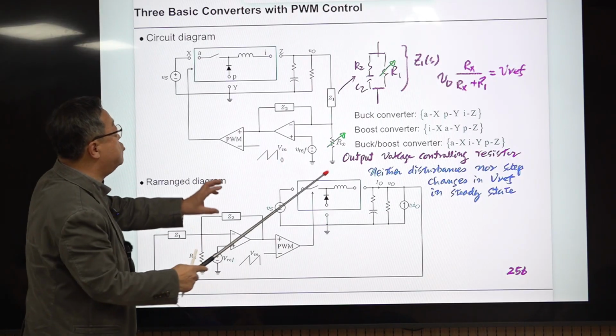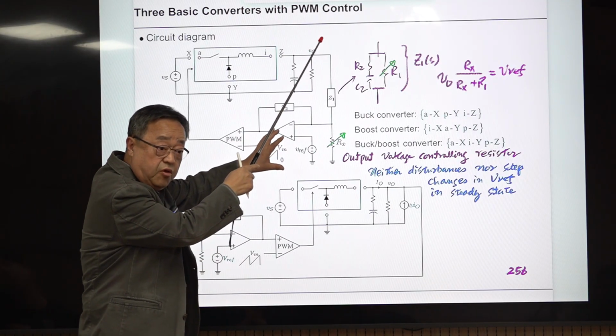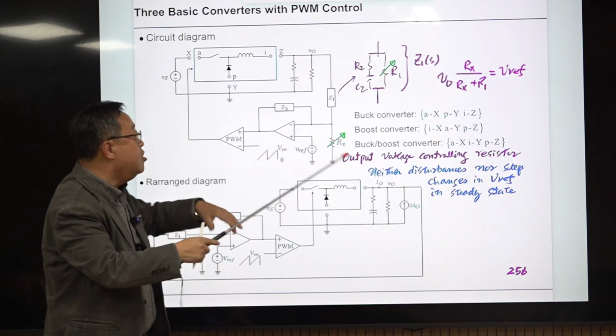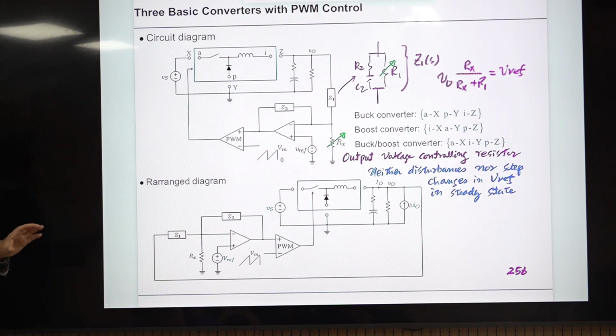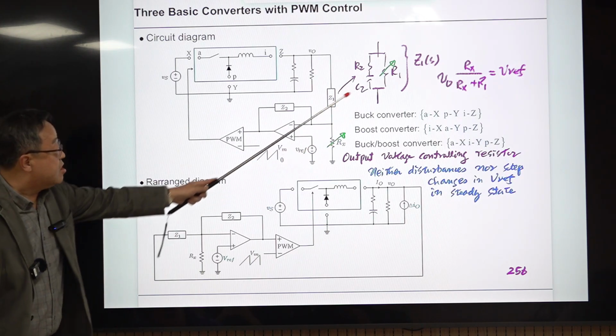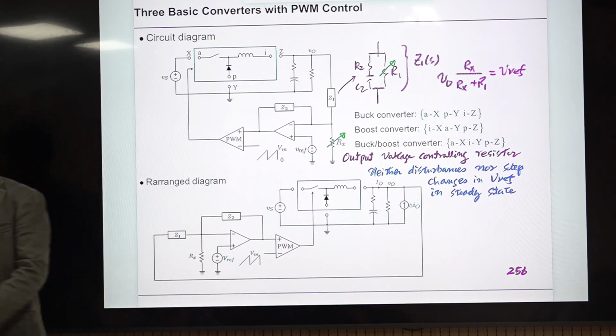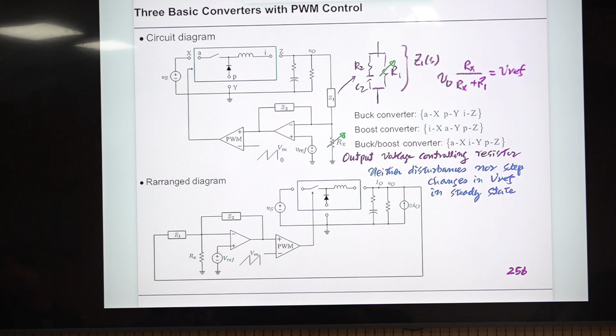If you change the output voltage from 5 volts to 10 volts, you should redesign everything, which is very stupid. So you should change this. This should be fixed. This is very obvious to see, but many students and many engineers make this type of mistake, which is a very stupid mistake.